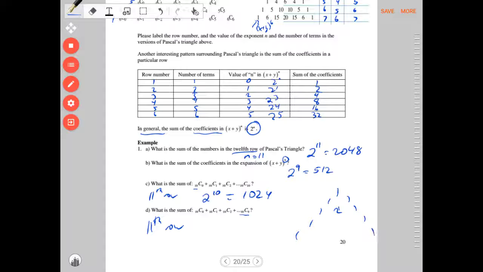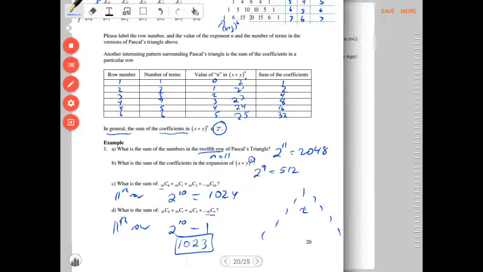So really, this is 2 to the 10th, but we subtract the 1 from the edge, so this is going to be 1024 minus 1, which is 1023. Okay, so again, just some neat patterns.